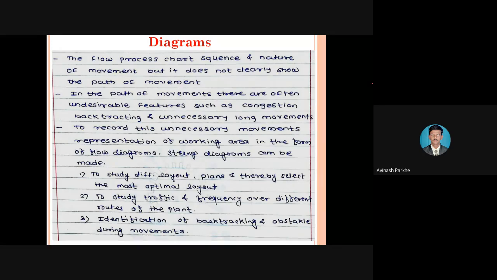If any traffic is there between workstation 1 and workstation 2, that traffic can also be eliminated through these diagrams. It also helps to identify backtrackings and obstacles during the operation. Whatever disturbances are observed in that operation can be identified by using these diagrams.